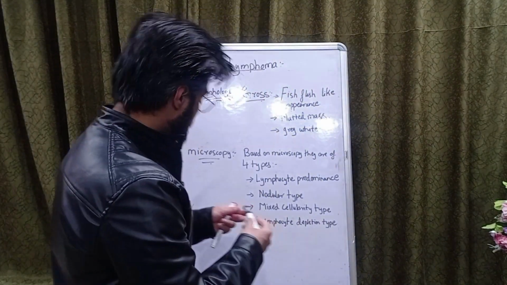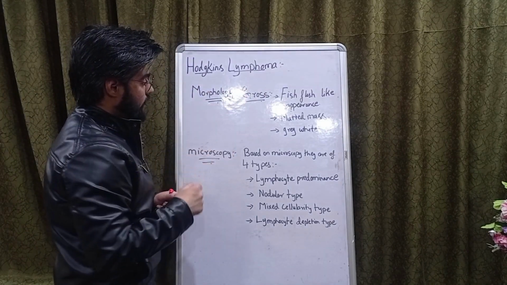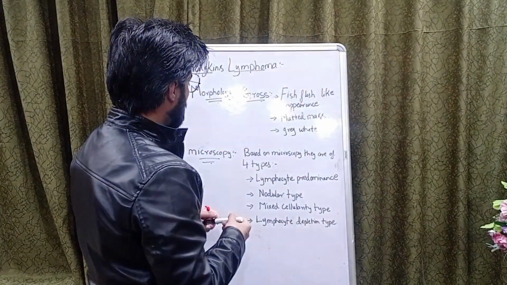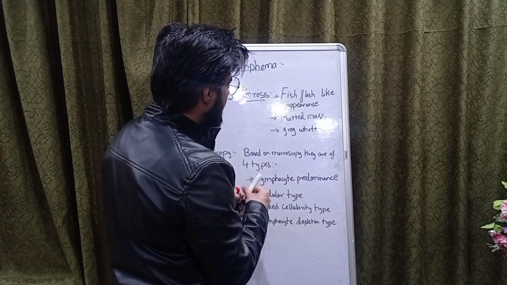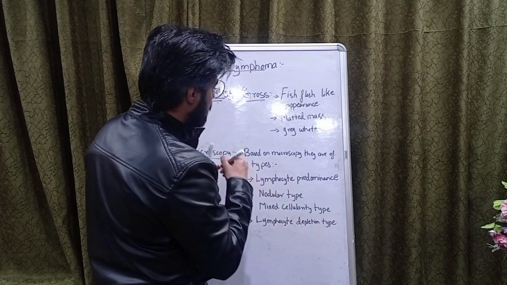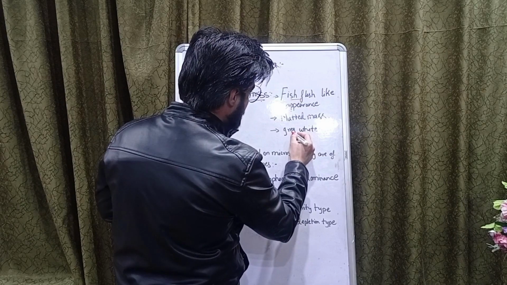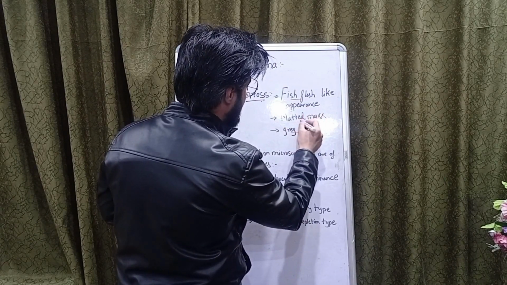Coming to the morphology of Hodgkin's lymphoma, first of all, we will go with gross and then the microscopy. The gross shows a fish flesh like appearance. It will be gray white, and a large matted mass will be found.